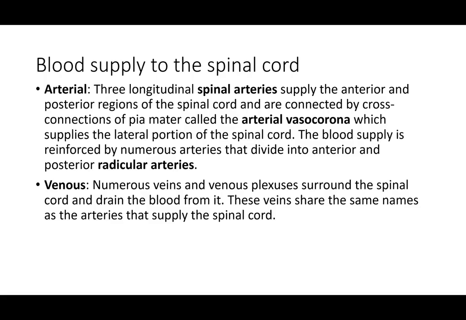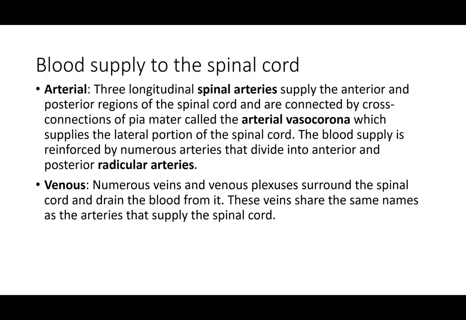There are 3 spinal arteries that sit longitudinally, so straight up and down, supplying the anterior and posterior regions of the spinal cord, and they're also connected through the pia mater through what are called arteriae vasa coronae, and those are going to supply the lateral portions of the spinal cord. So this will kind of wrap around the spinal cord a little bit with those cross connections so that all sections of the spinal cord get that blood supply.